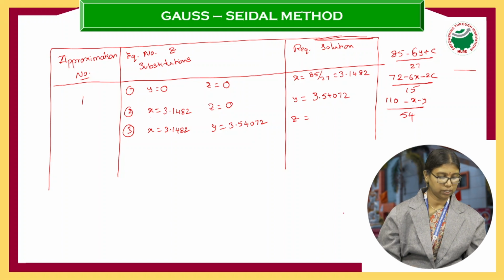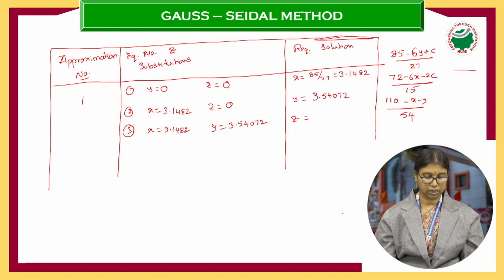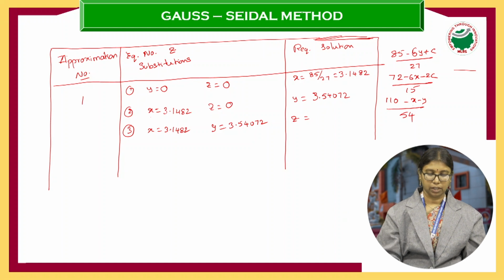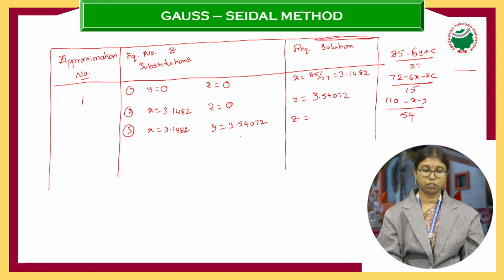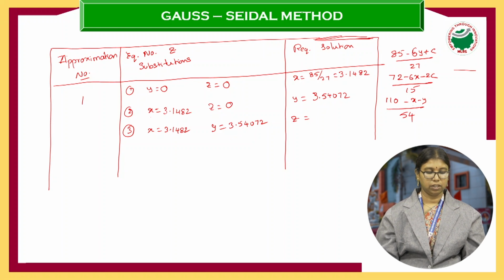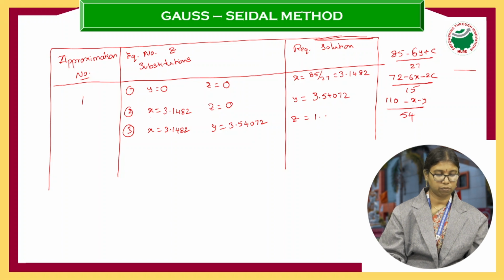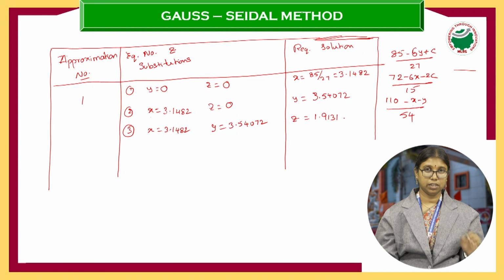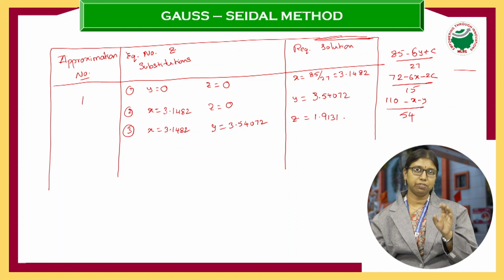So now x value is 3.1482 and then it asks y question mark. Your y value is 3.54072. Then you will get the z value as 1.9131.